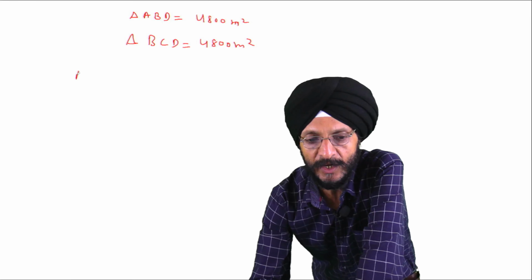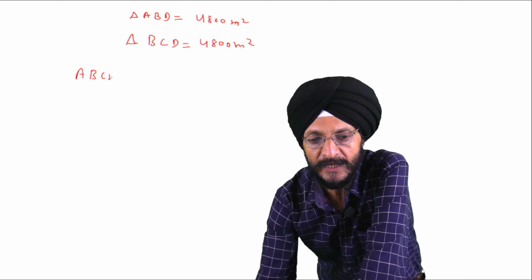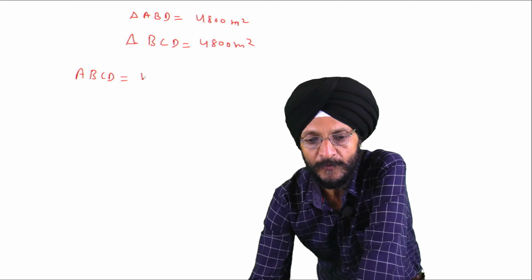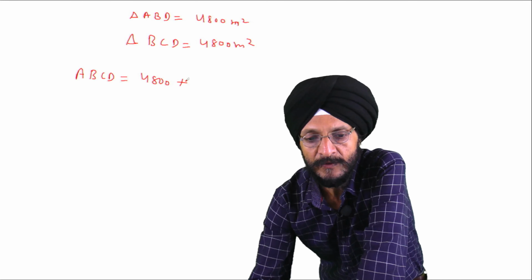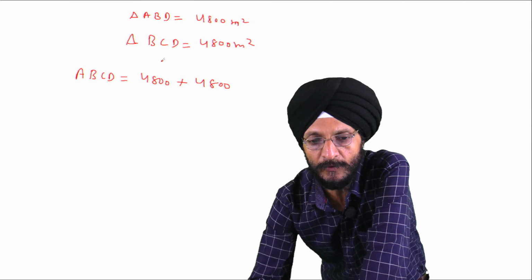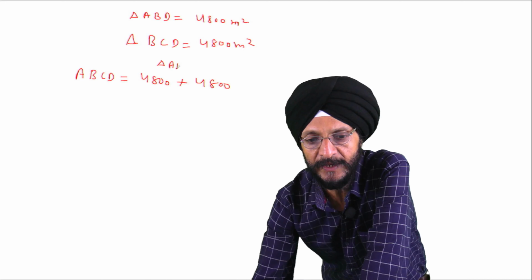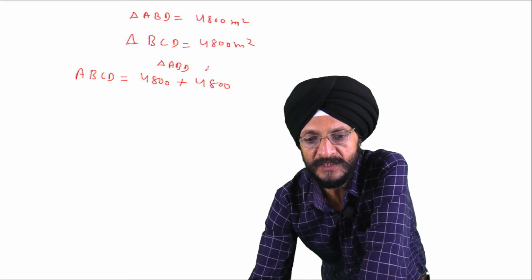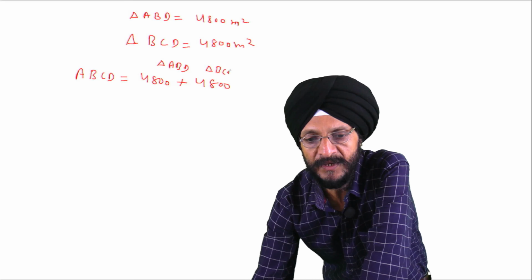So the area of quadrilateral ABCD is 4800 plus 4800, because this is the area of triangle ABD and this is the area of triangle BCD.